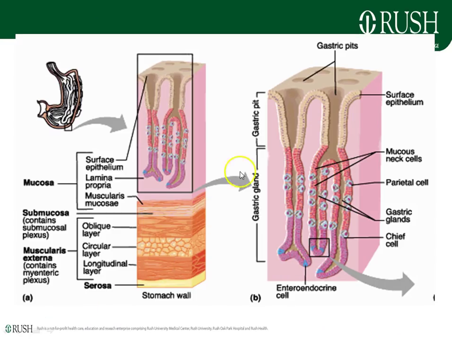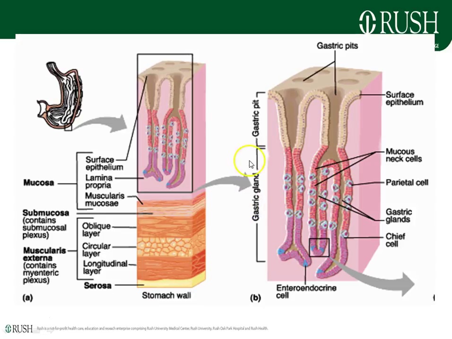Diagrammatically, on the left here you can see the layers of the wall itself. So the mucosa, which includes the gastric surface and pits, the gastric glands, lamina propria, and muscularis mucosa. Then the next layer being the submucosa, then the 3 different layers of smooth muscle in different orientations of the muscularis externa, and on the outside the serosal covering.